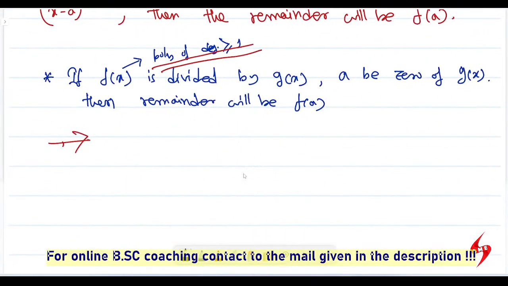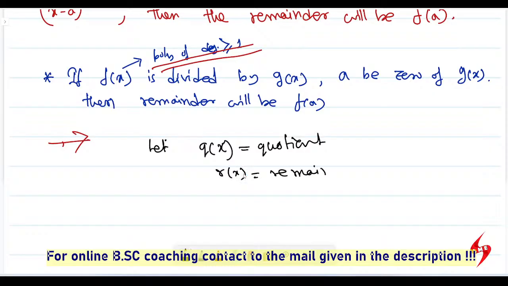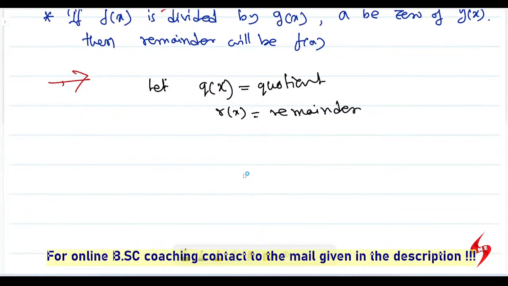So if f of x is divided by g of x, and let q of x be the quotient and r of x be the remainder, then definitely f of x equals g of x into q of x plus r of x.